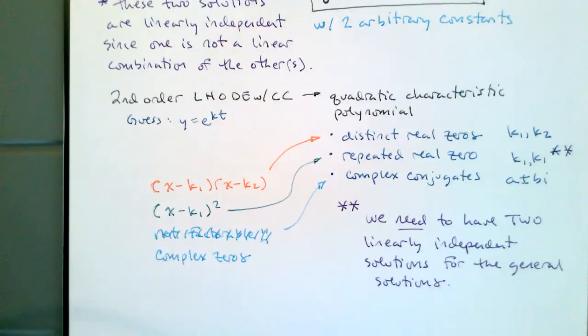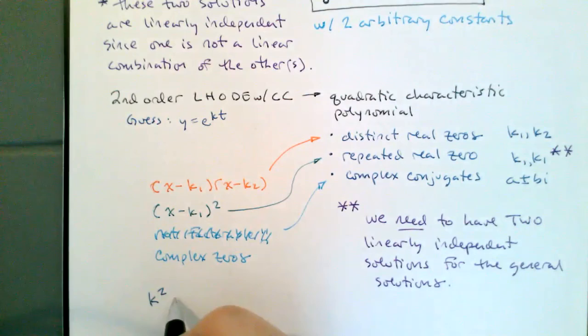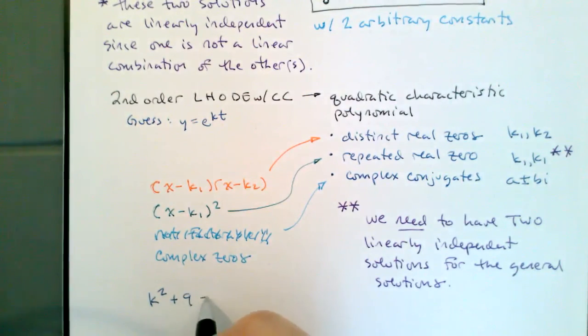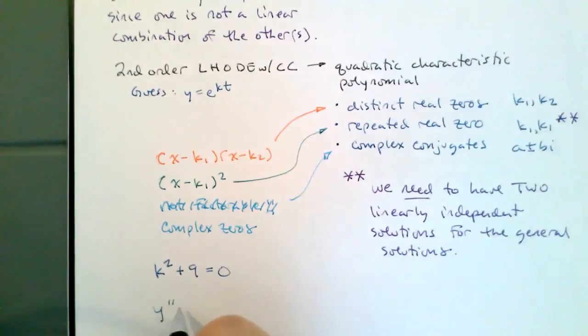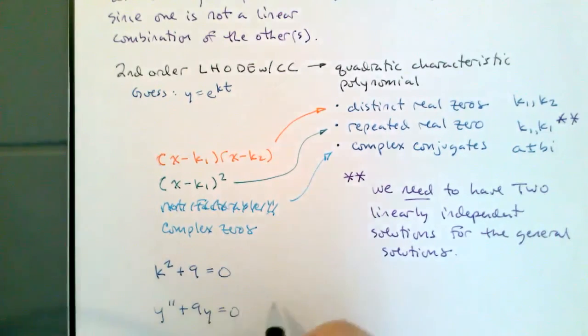So hopefully when we get to the complex conjugates one, you can guess what the solutions need to be. Think about a quadratic with complex conjugates, like k squared plus 9 equals 0. Start with something like this, which comes from y double prime plus 9y equals 0.